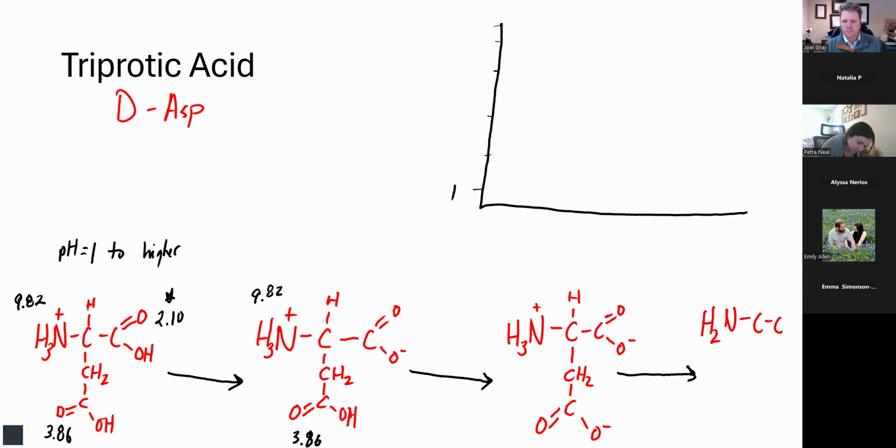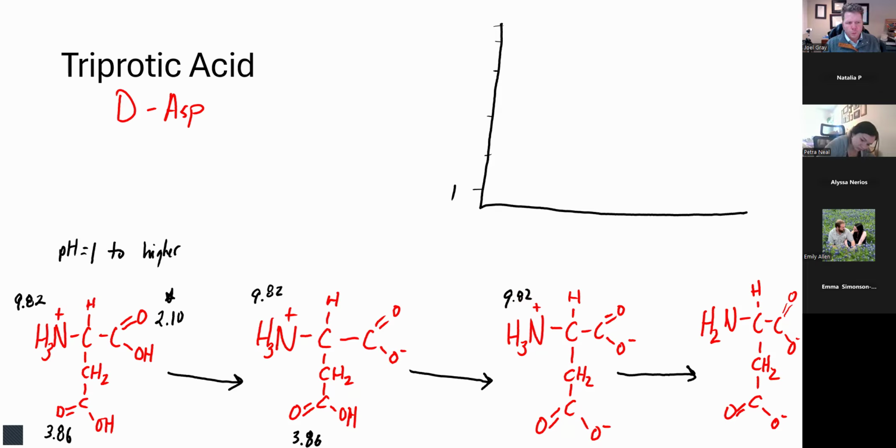C, C, O, O minus, then H, then CH2, and then C, O, O minus. Okay, so I forgot to write one of my pKa values. This is 9.82.